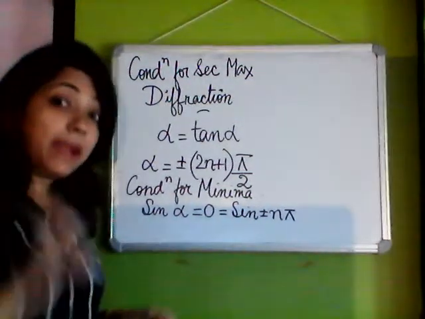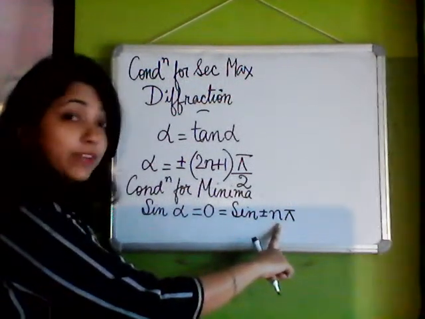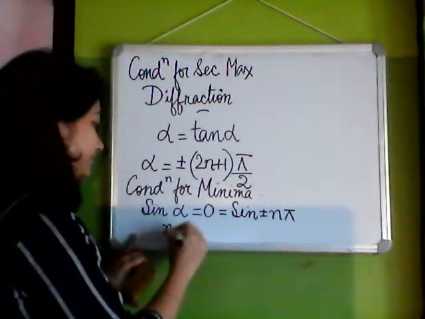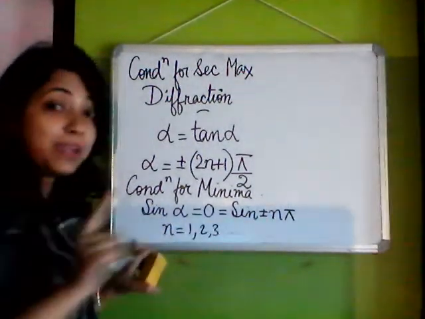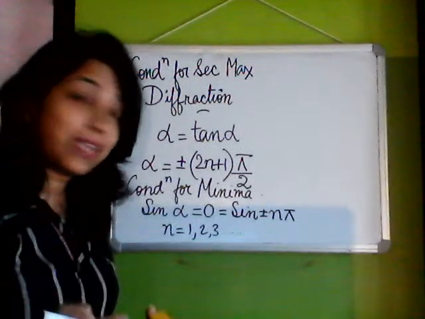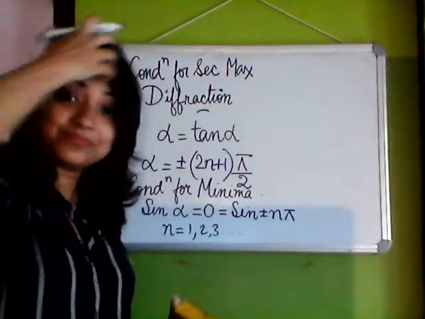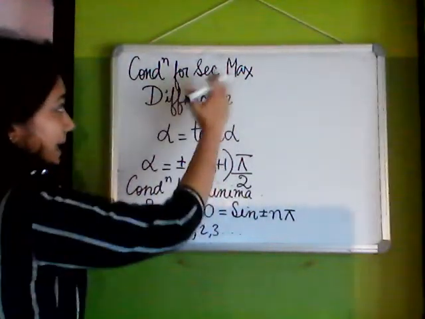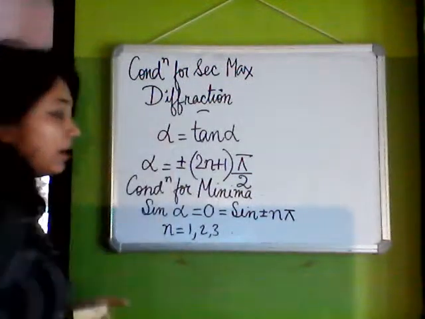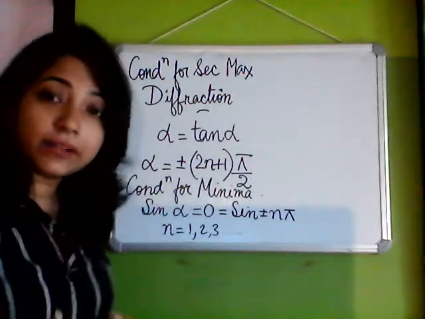However, reminding once again, what are the allowed values of n over here? n must be 1, 2, 3 and so on. We will not be considering the n equal to 0 case because that will actually give us our central maximum. Fine. So these were the two conditions for secondary maxima and minima for the diffraction occurring.